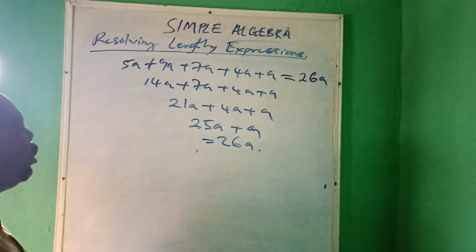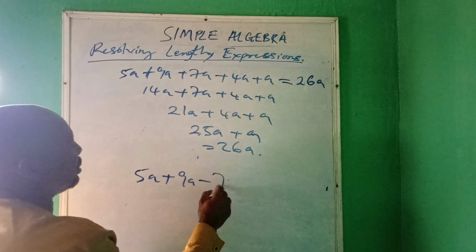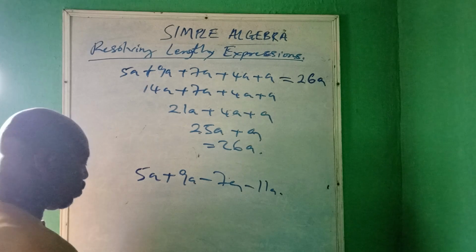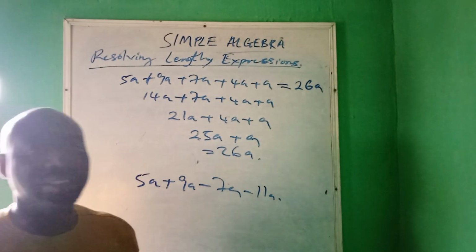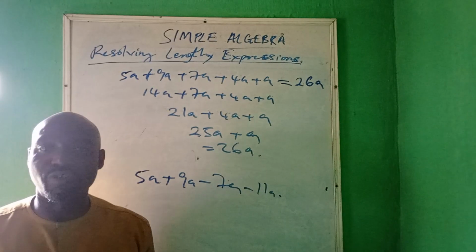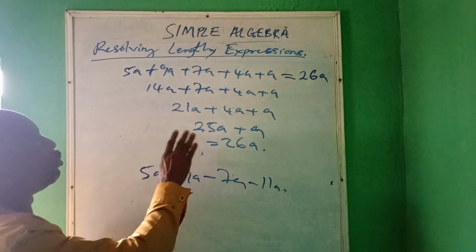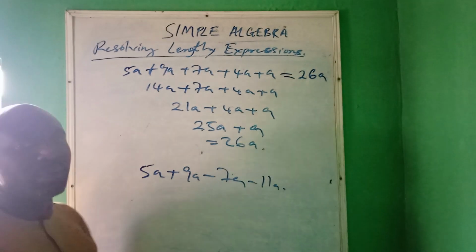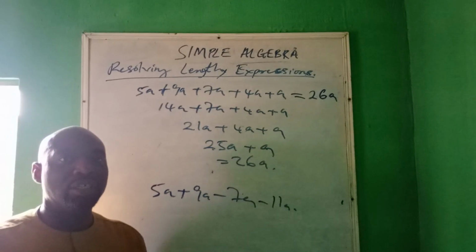We'll try not to include things like 5a plus 9a minus 7a or minus 11a, because if we start mixing them now, we may run into what we call directed numbers. And I think many of you may not have even heard that word before. So we are just taking time to introduce this simple algebra. After our simple algebra, I'm going to give you math videos on directed numbers.